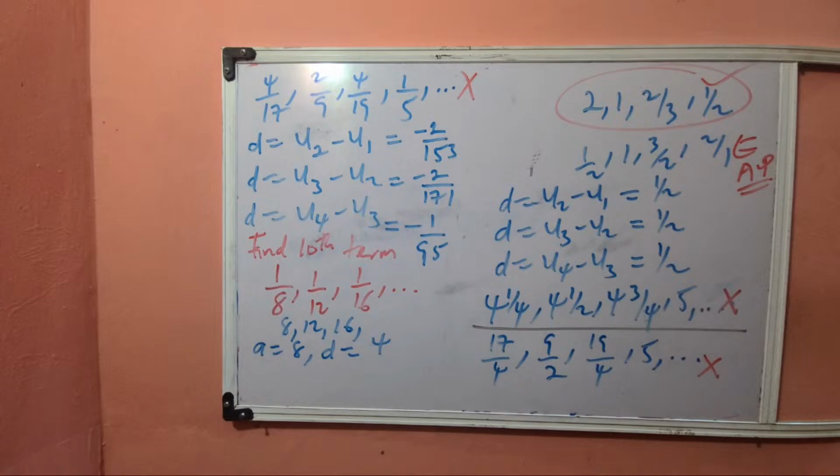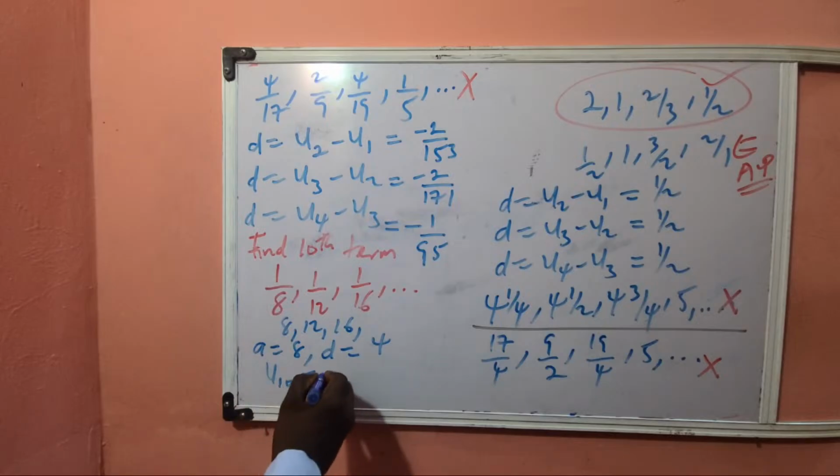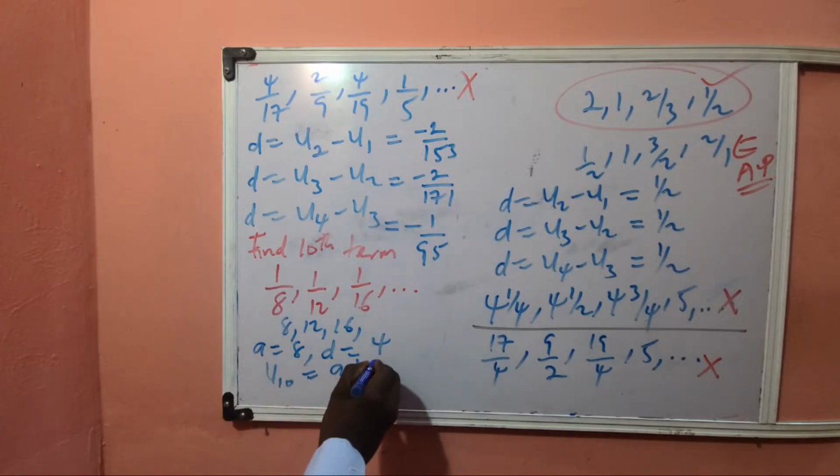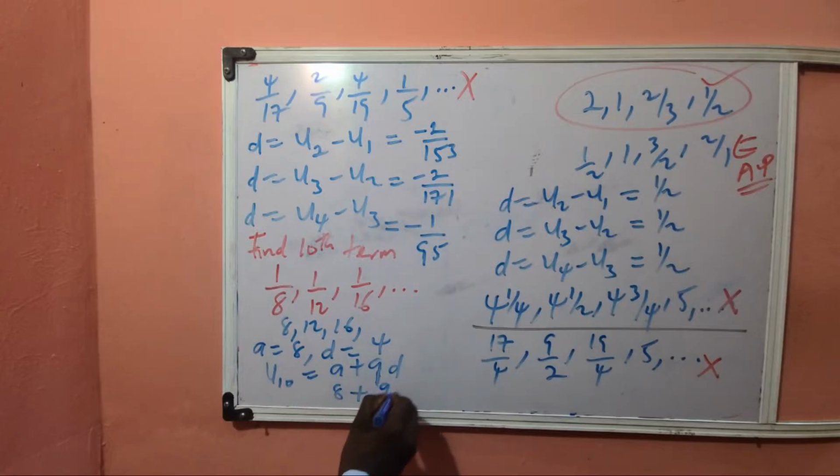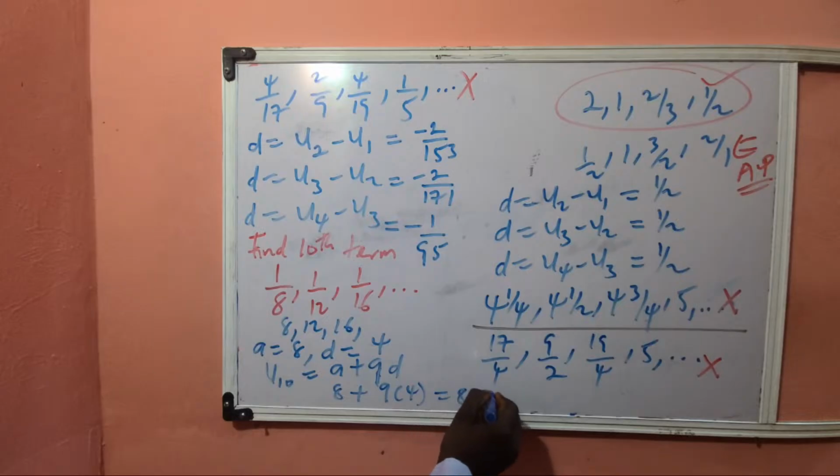Now, using my general formula, my T10 or my U10, depending on how you decide to write that, my 10th term will be A plus 9D. And A is 8, plus 9 times 4. That will be 8 plus 36.